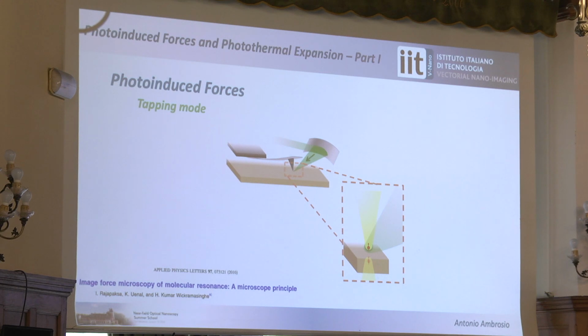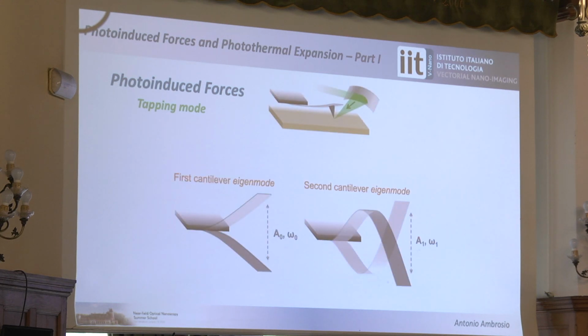But before going there, I need a bit more of AFM to explain how you detect that. It is to consider the cantilever that, as a mechanical oscillator, has a base of infinite eigenmodes, right? So usually in tapping, we use the first. But there is also the second. I cannot excite the second eigenmode as I look at it. But now you should tell me why I can't, because this looks pretty similar, right?